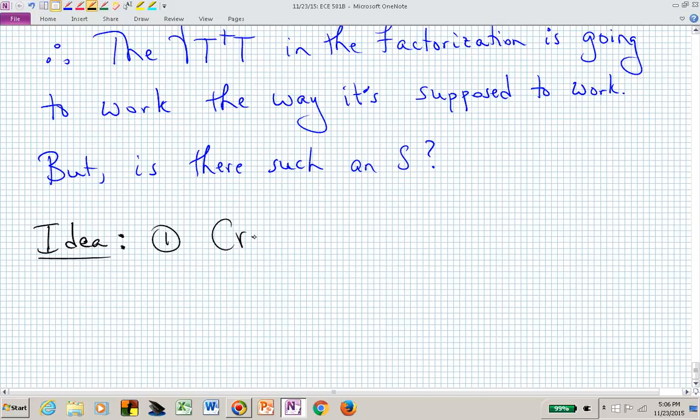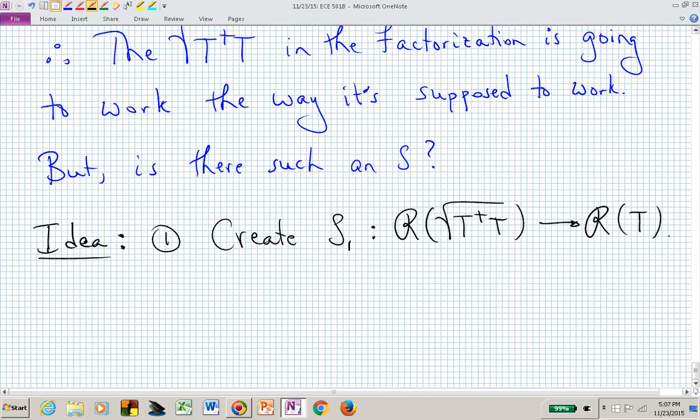One, we want to create one isometry, S1, such that the range of T dagger T maps onto the range of T, and then we want to extend that in the orthogonal complement to the range of T with another isometry.